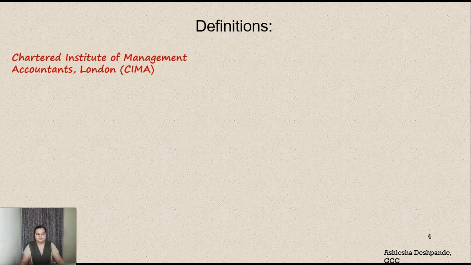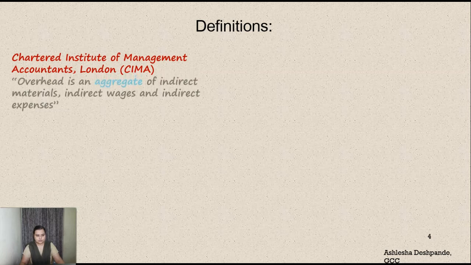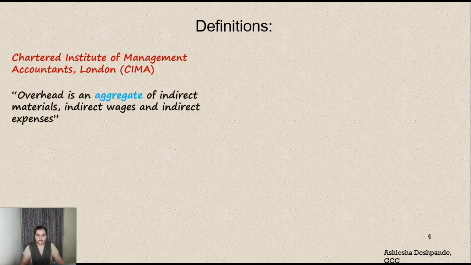Moving ahead, we need to now see the definitions of overheads given by certain renowned institutions and people. The first and foremost definition that you have to study is the definition given by Chartered Institute of Management Accountants, London, commonly known as CIMA. So CIMA says that overhead is an aggregate of indirect material, indirect wages and indirect expenses.